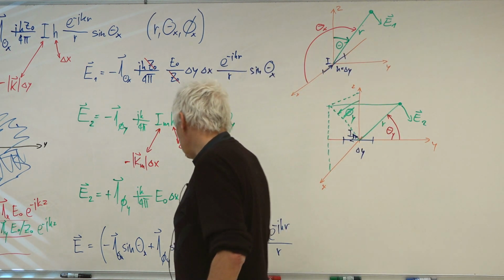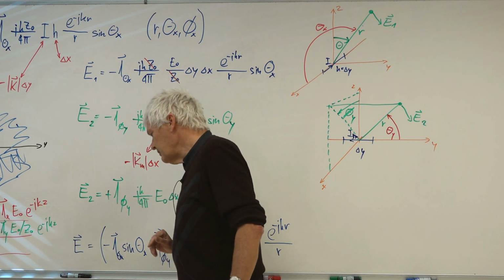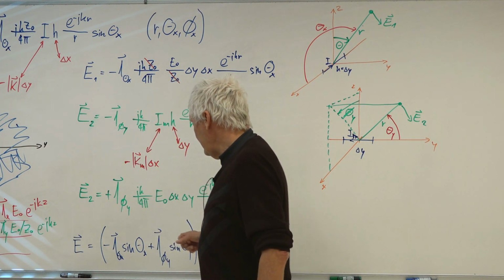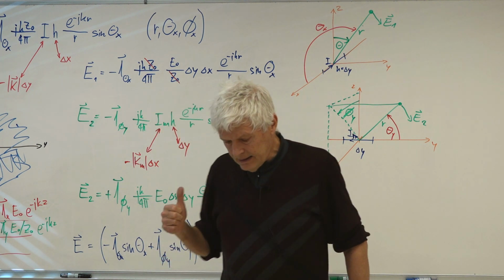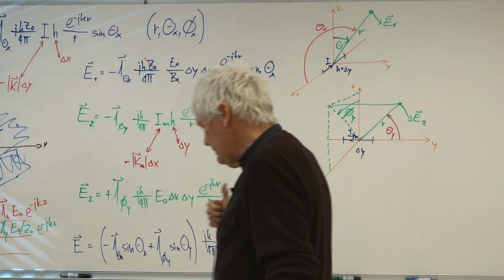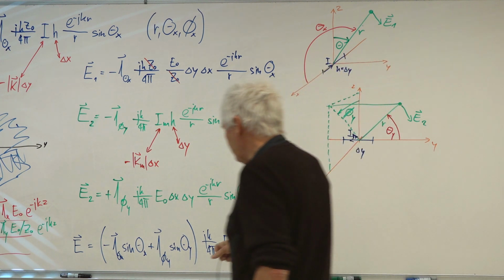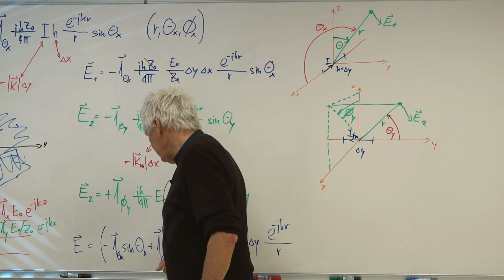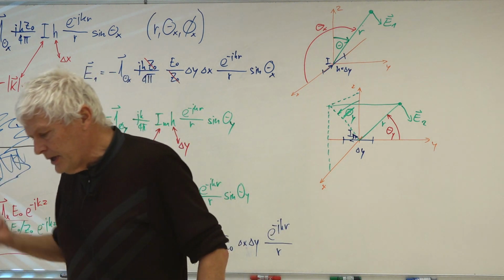It contains trigonometric functions of the angles we have, various angles. And we have two unit vectors that are both in the theta phi plane. They have no radial components. This has no radial component. This has no radial component. So their sum will also have no radial component.